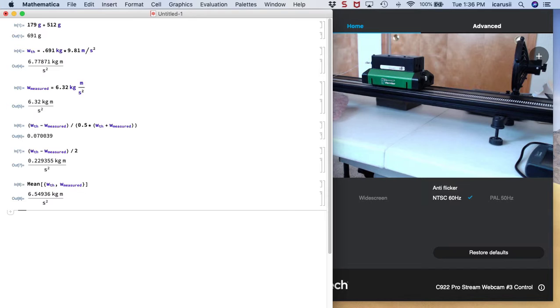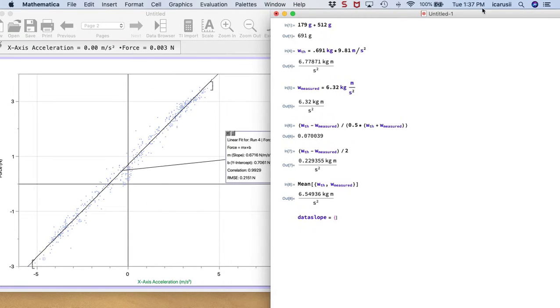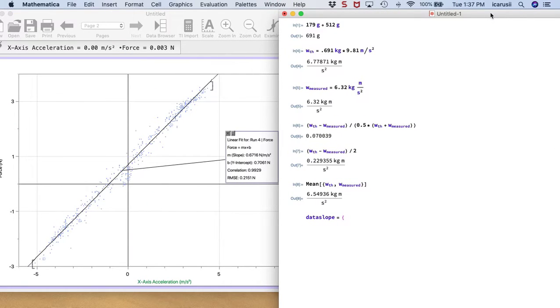We expected about 6.54. We got the following. We got 0.671.